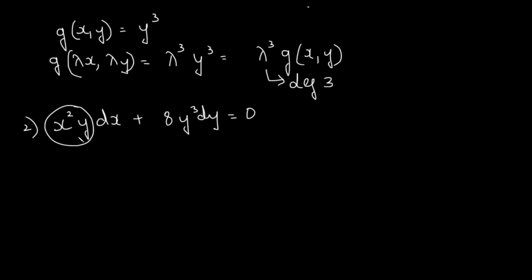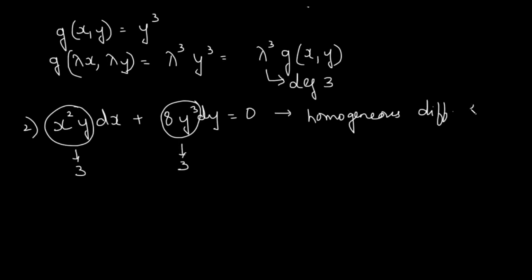What is the degree of this function? The degree is 3. What about this particular function? Again we see that it's a homogeneous function, and it has degree 3. That means both of these are homogeneous functions and they have the same degree. That means the given equation is a homogeneous differential equation.